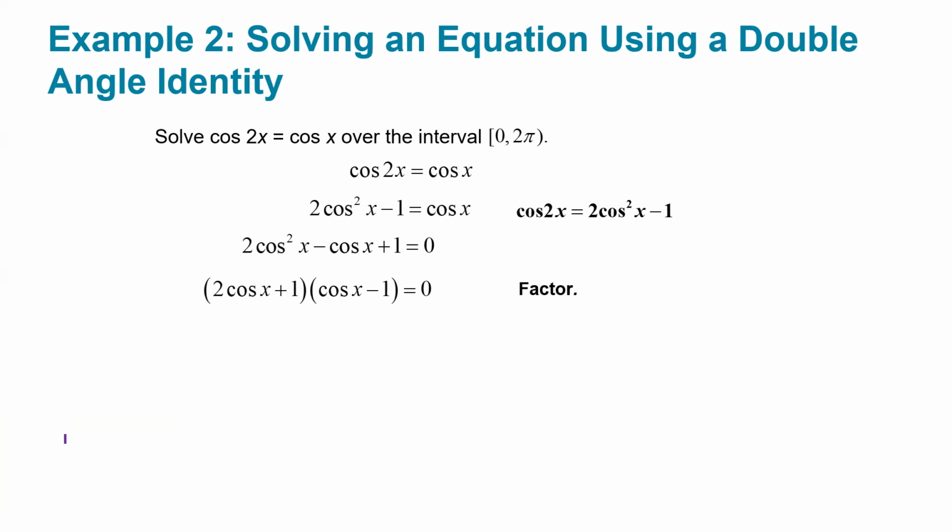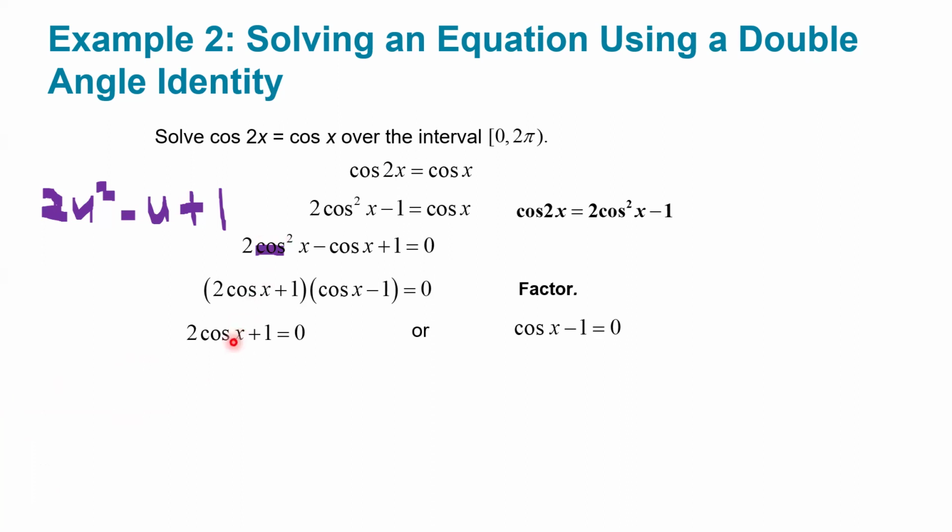In terms of u, you have 2u squared minus u plus 1. You can solve that by grouping or the box method, however you want. Just remember that u represents your cosine, so once you're done factoring, you can plug cosine in for u. Now, just like in Algebra 2, you take each factor and set it equal to 0.